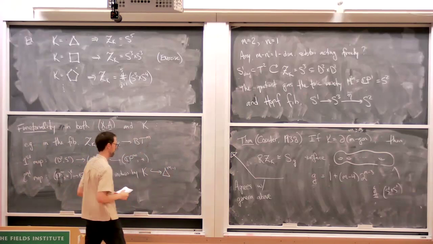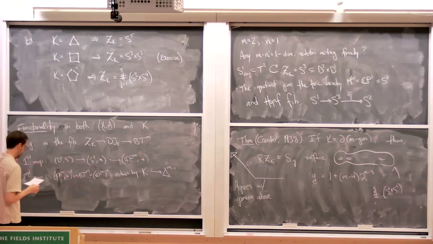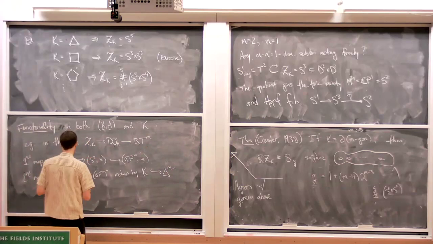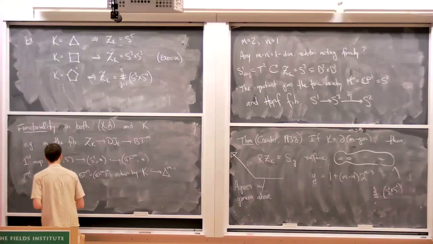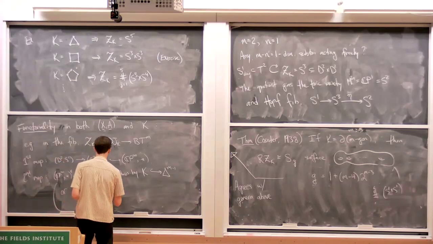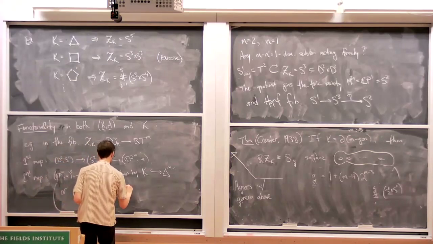Or we could think of this as also being induced by a map of pairs, where you take the pair (CP^infinity, a point), and you include that into the pair (CP^infinity, CP^infinity) itself.